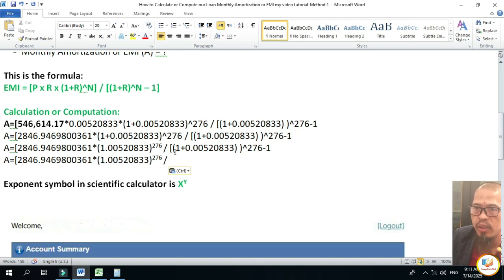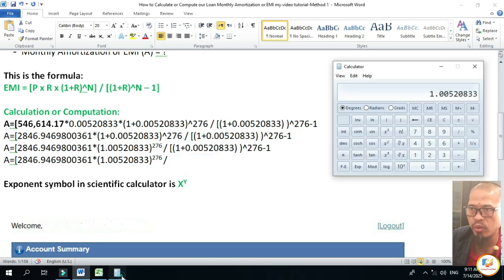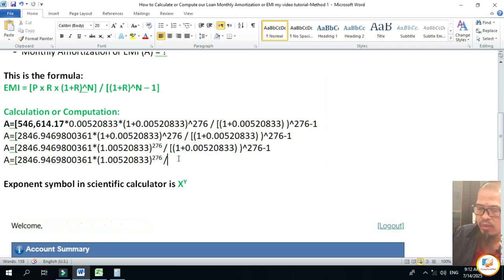So another one, you have to plus this one. Then using the calculator, 0, just paste here. Then plus 1. And it's equal to 1.0052. So it's the same. Okay.